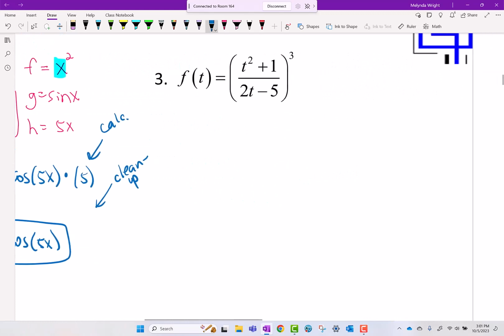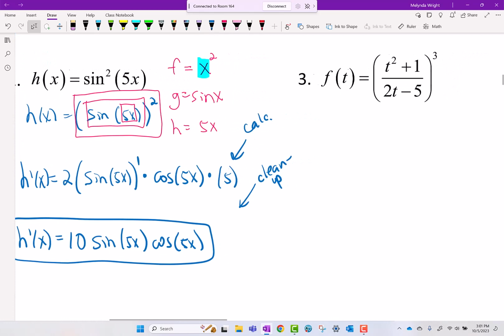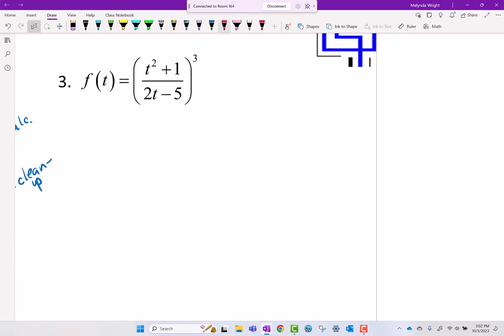Okay, now this one is going to be especially fun. Are we okay? All right. So we've got this outside layer and we have this inside part. Now there's only 2 parts, and we're like, oh yay, there's only 2 parts, but the middle part is going to be intense, right? Because what rule do we have to use to take the derivative of the inside?